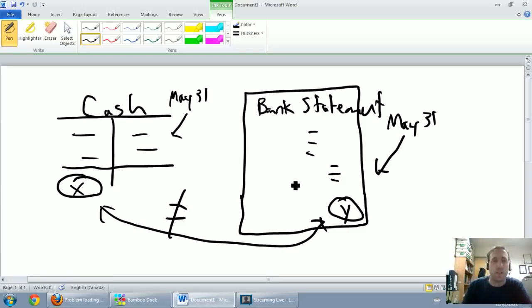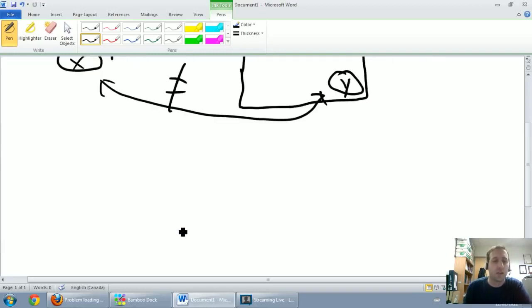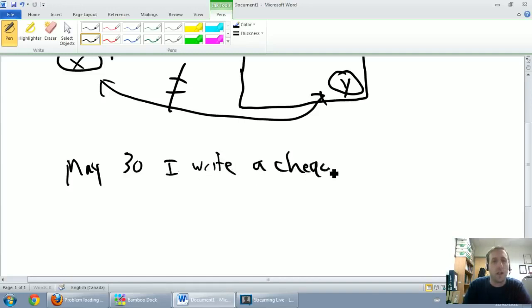So the first reason is, let's say I write a check right at the end of May. On May 30th, I write a check and I pay my utilities bill. So my hydro company or my utilities company sends me a bill. On May 30th, I get an envelope, a stamp.